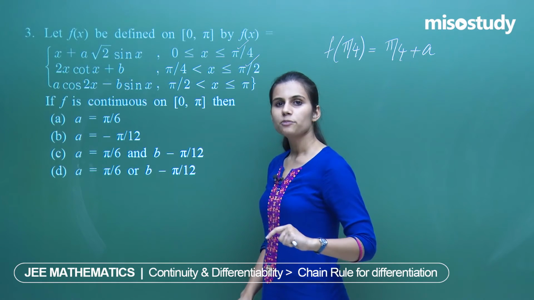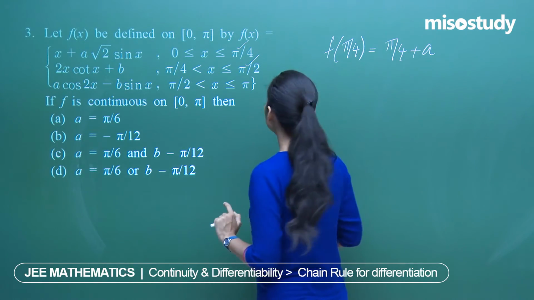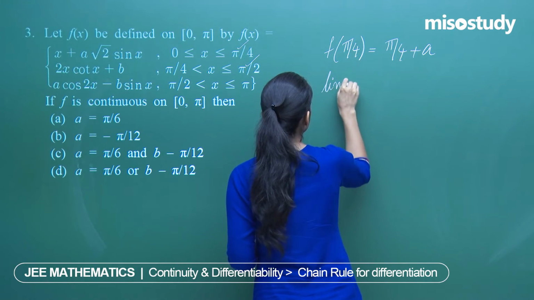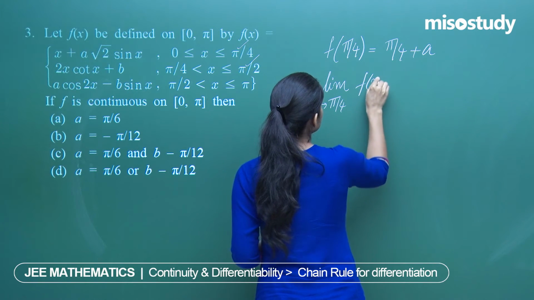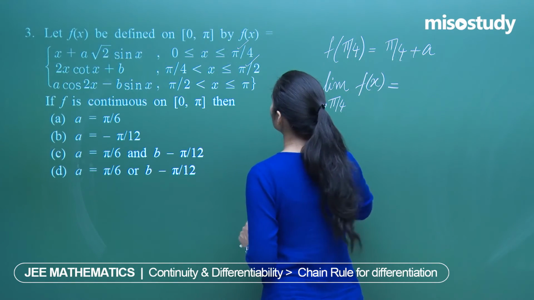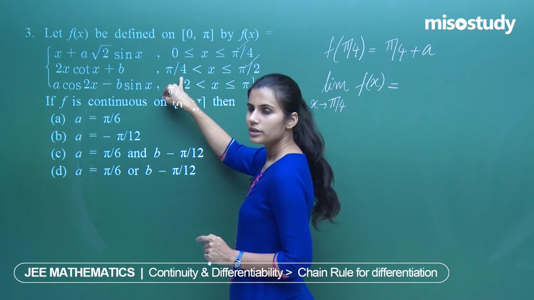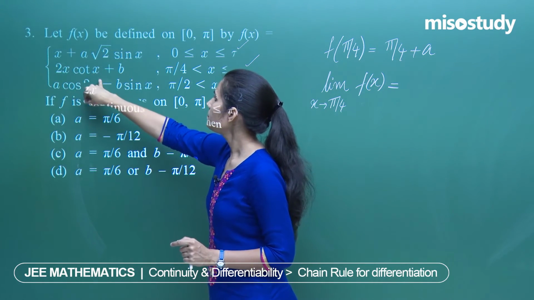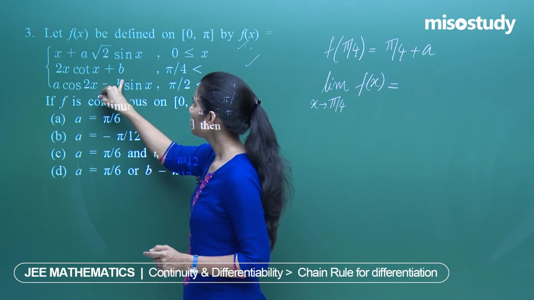Value of the function at π/4 is the same as the limit of the function as x tends to π/4, right? So what is the limit as x tends to π/4 of f(x)? Both of these will be equal. As x is approaching π/4, I am getting 2x cot x + b, that is 2(π/4)cot(π/4) + b.